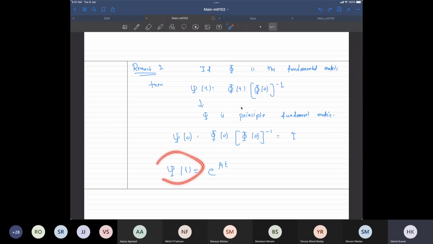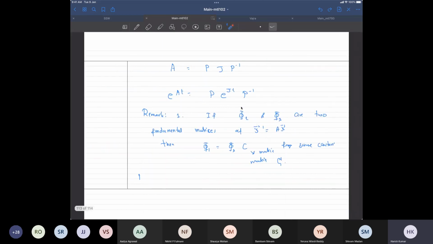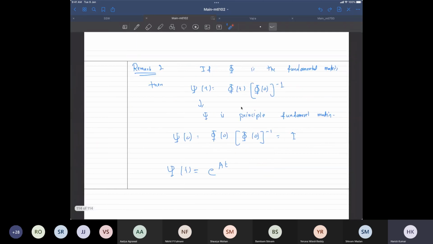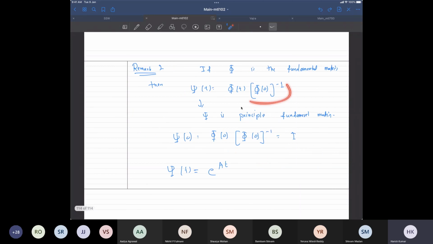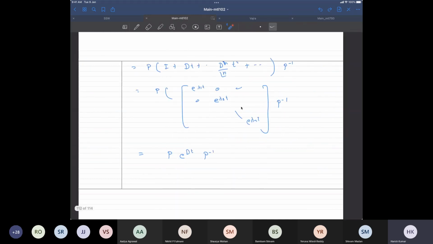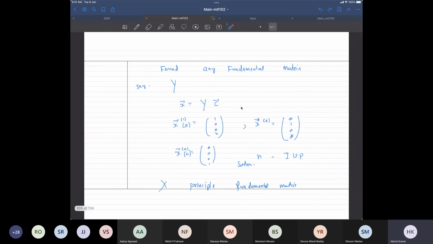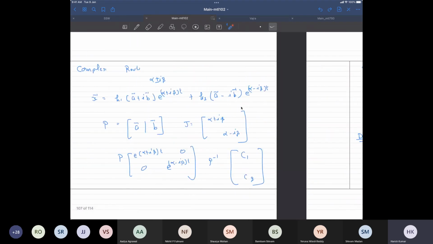So how to find the exponential of At? You find the fundamental matrix, and the fundamental matrix, this we know how to find, right? Either you find any fundamental matrix and then multiply that matrix with its inverse on the right hand side, then you get the thing. And note that this also comes from the discussion I was trying to have there, but a little bit faster.